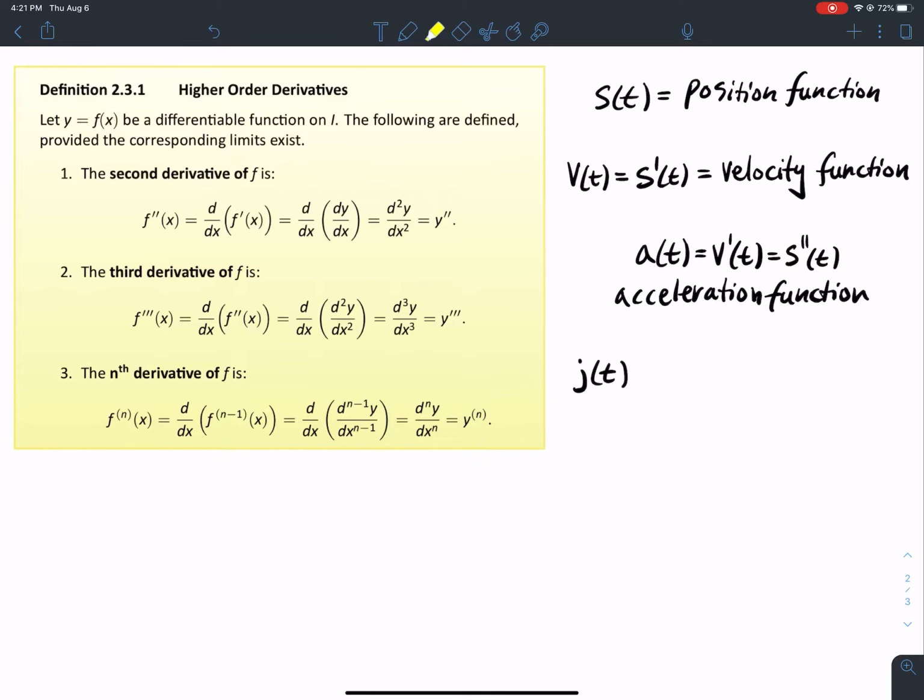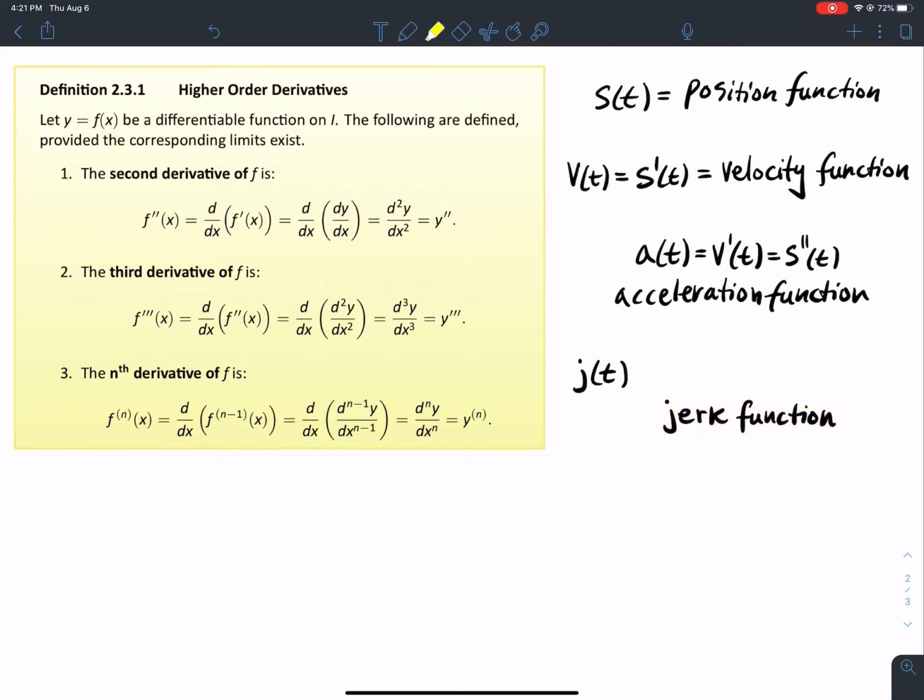Now, j of t, you've always wondered, all right, I got position, how far I am away. I have velocity, kind of like my speed. I've got the acceleration, the change in speed. So what's the change in acceleration, you might ask? Well, this is what's called the jerk, okay?